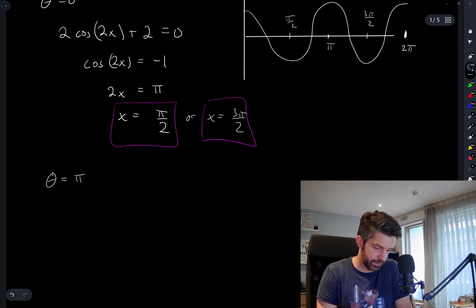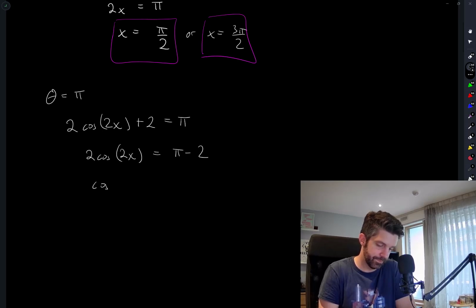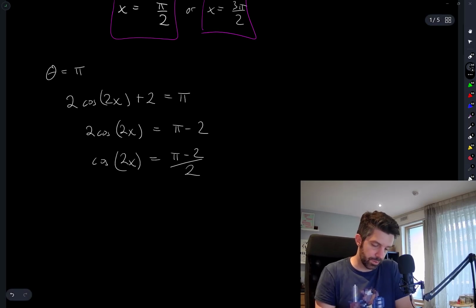So I've got 2 cosine of 2x plus 2 is equal to pi. Okay, pi minus 2 over 2 is approximately 3.14, 1.14 over 2.